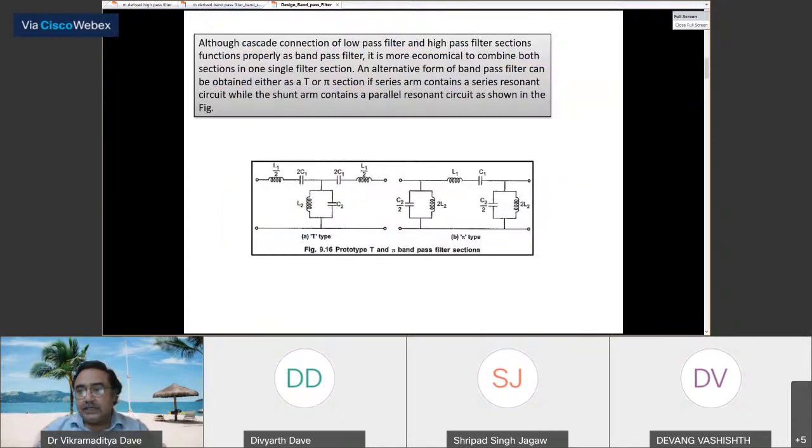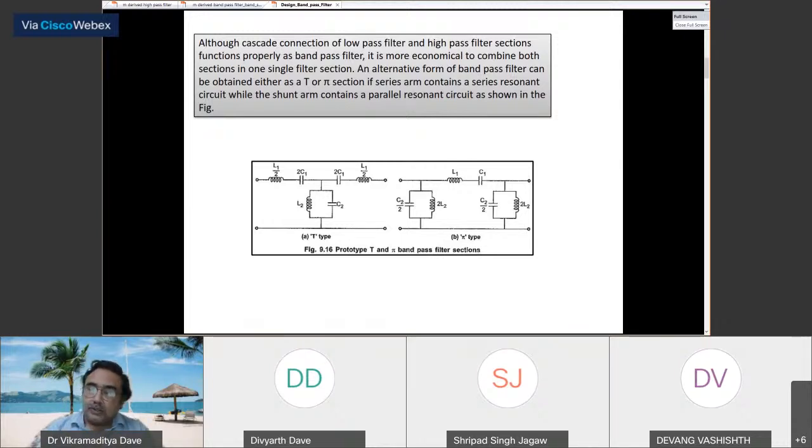And this was the diagrammatic representation, or the network, of the T and pi section of the band pass filter. Let us concentrate on the T section. There was L1 by 2 and twice C1, and twice C1 and L1 by 2 on the two half sections. And the L2 and C2 components were there in the shunt arm, connected in parallel.